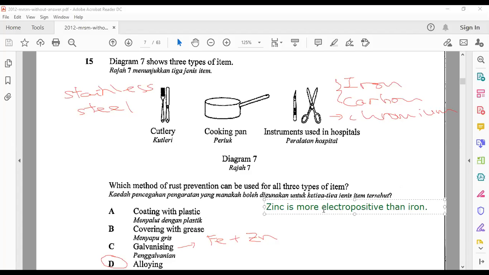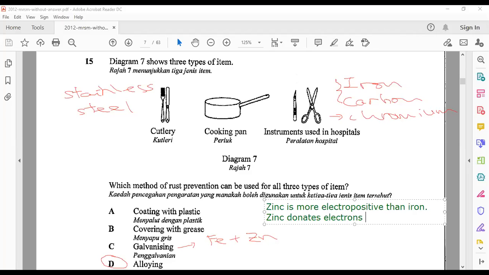But we can say that when we are talking about electropositive, what does the zinc do? When zinc is more electropositive, what does the zinc do, Xavier? No idea. Okay. Does it donate electrons or accept electrons? Donates electrons. Yes. So the zinc donates electrons.